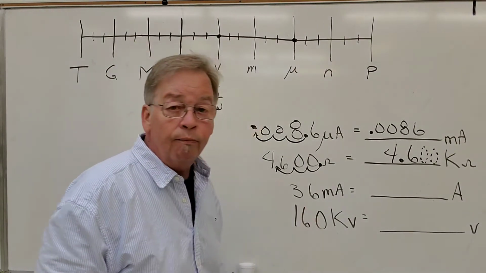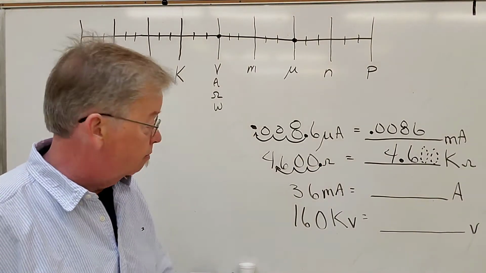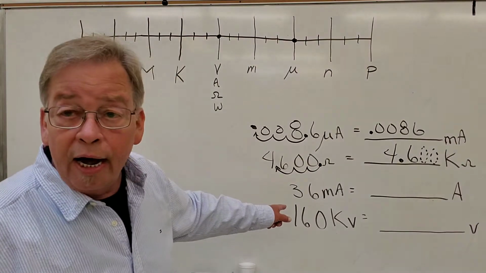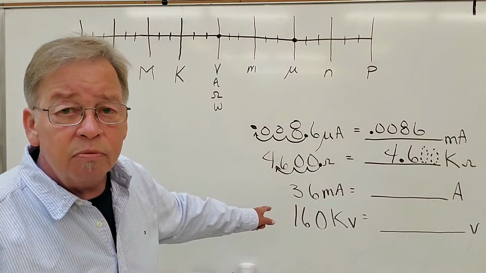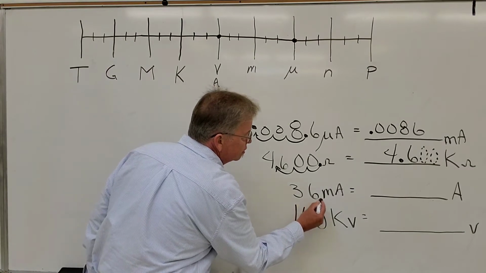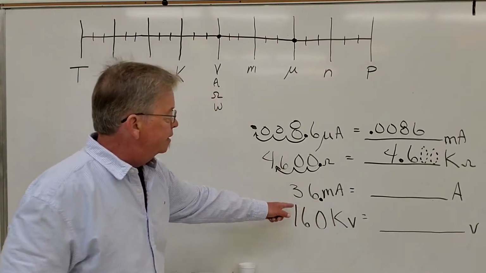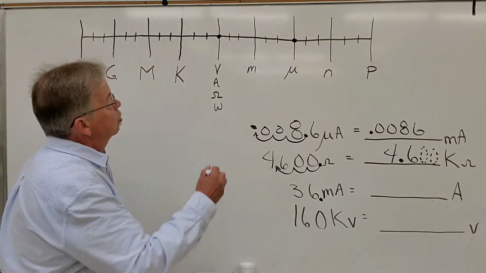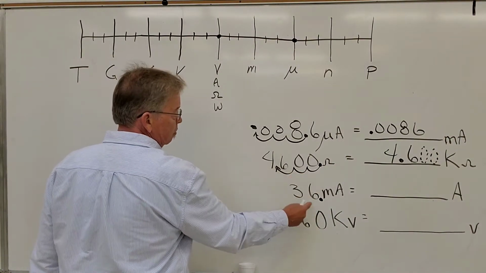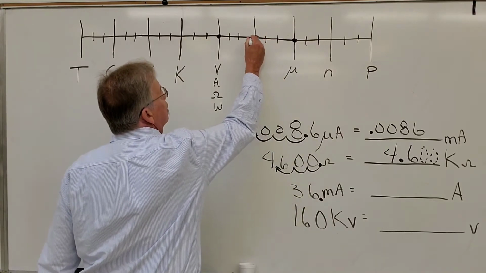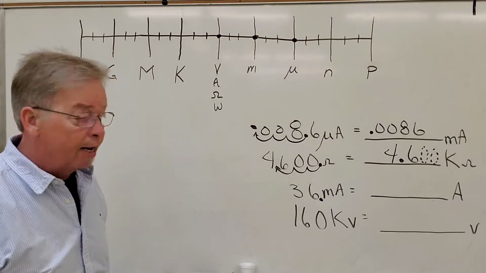Okay? So now, 36 milliamps. Again, I got one that doesn't have a decimal point, so what am I going to do? I know it's right here behind the 6, and it's sitting on the number line on the milli spot. So that means that that decimal point is sitting right here on the milli spot.